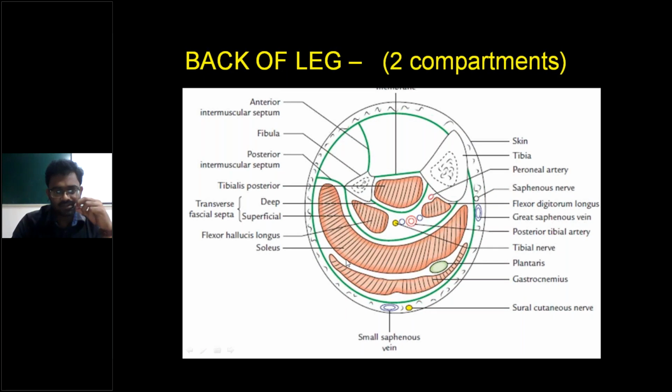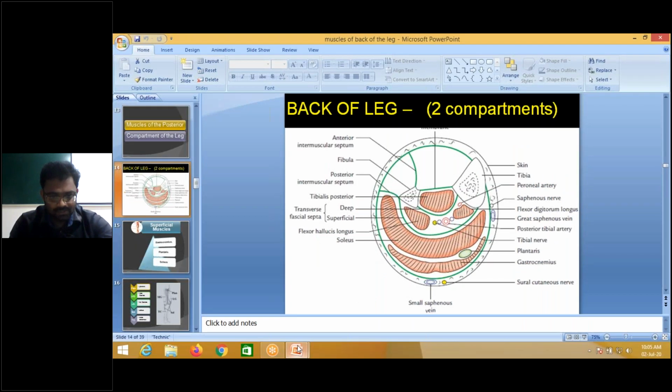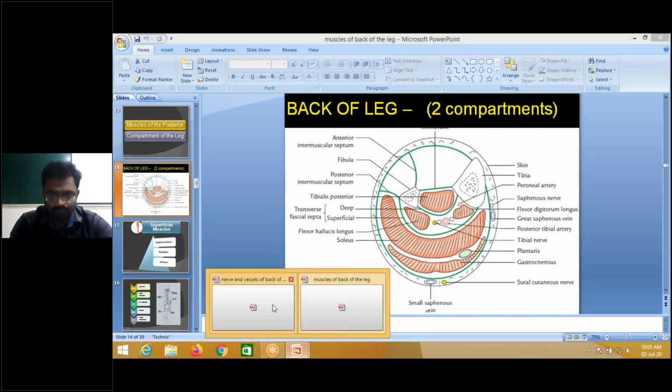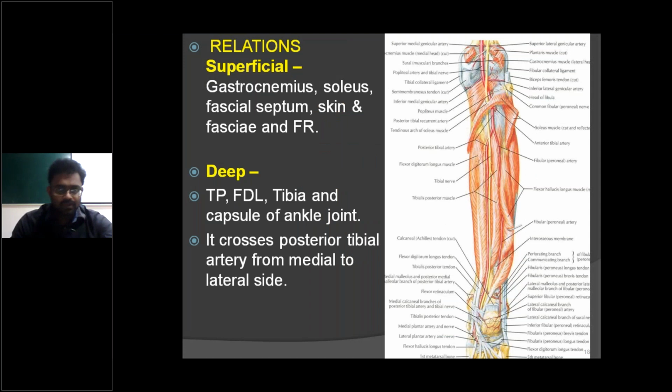Superficial relations are soleus, gastrocnemius, plantaris. Deep relations are flexor digitorum longus, flexor hallucis longus, tibialis posterior, tibia and fibula, and also the transverse fascial septum. These are the relations of the tibial nerve. It crosses the posterior tibial artery from medial to lateral side.